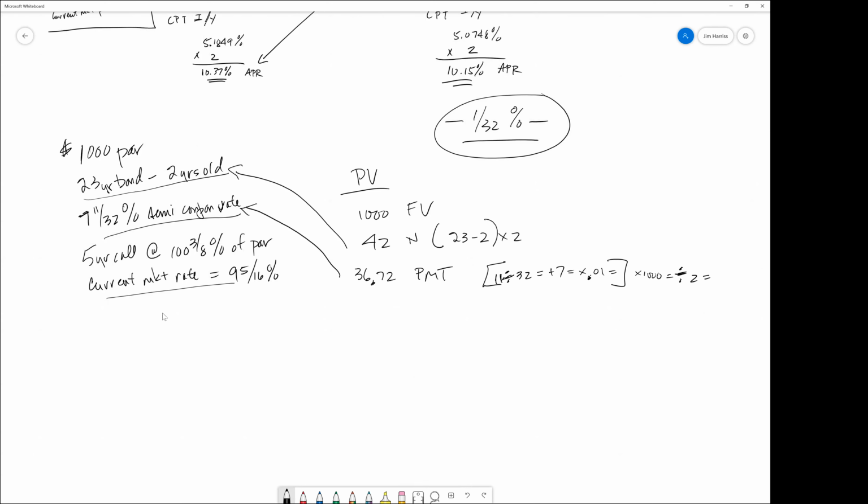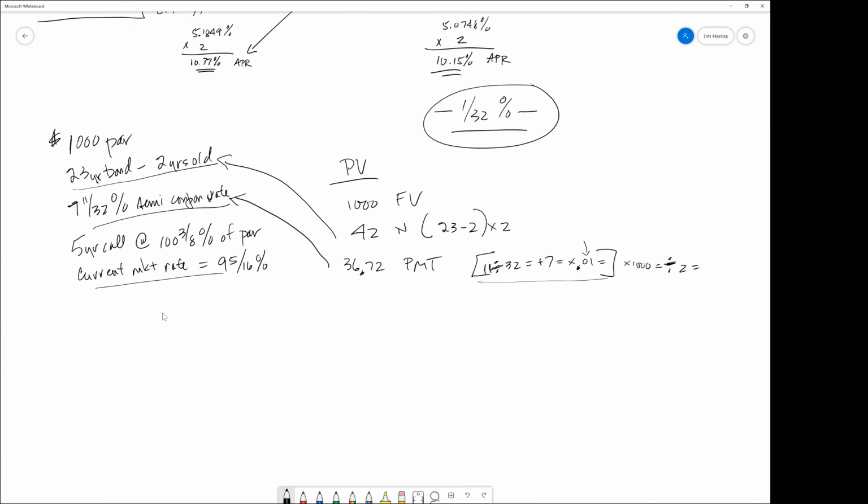What I just did was exactly what I told you. Everything in the brackets converts 7 and 11/32 to a decimal. The reason you multiply it by 0.01 is you're going to move it over 2 decimal places. Anytime you multiply a number by 0.01, you're moving it 2 decimal places, okay?